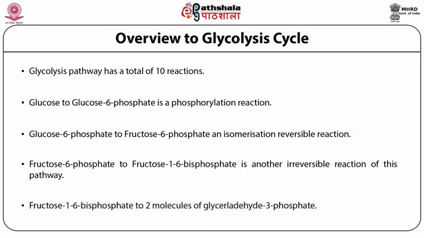Fructose 1,6-bisphosphate to 2 molecules of glyceraldehyde 3-phosphate. Fructose 1,6-bisphosphate actually splits into two 3-carbon moieties, an aldehyde and a ketone, which results in the formation of dihydroxyacetone phosphate. This reaction is catalyzed by the fructose bisphosphate aldolase enzyme.